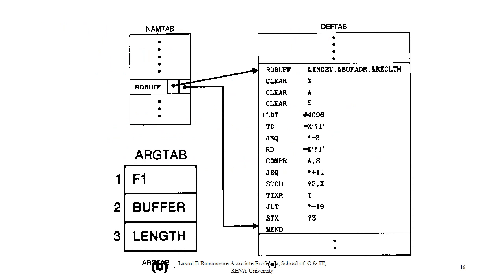So the macro processor has three data structures which we are going to use in its implementation. It consists of three tables. One is the name table, NAMTAB, which stores the names of all the macros in the source program, along with two pointers, the starting address of the macro and the ending address of the macro.